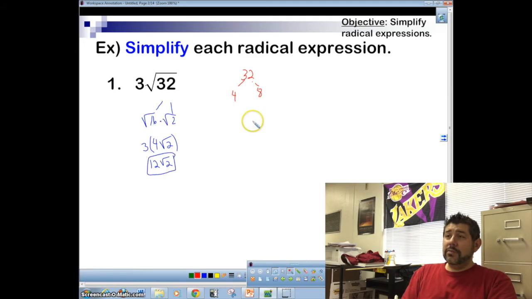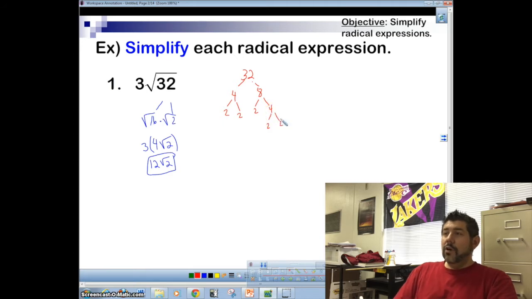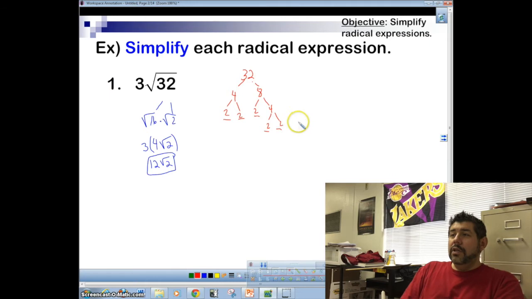Yeah, it is 4 times 8. But we can go down a little further, right? 2 goes into 4. 2 also goes into 8. 2 also goes into that, okay? So now we've got 32 reduces down to 2 times 2 times 2 times 2 times 2.